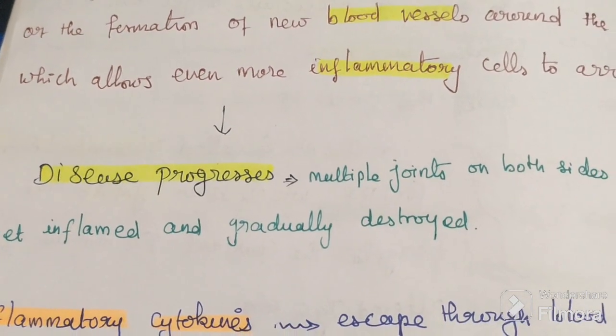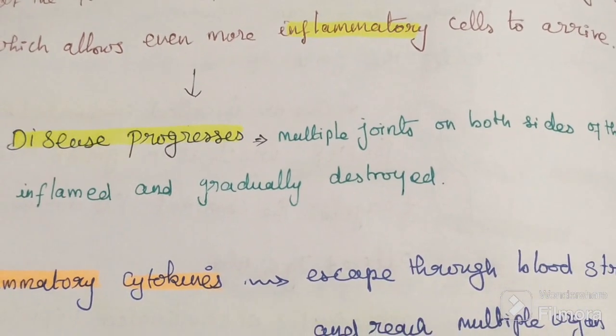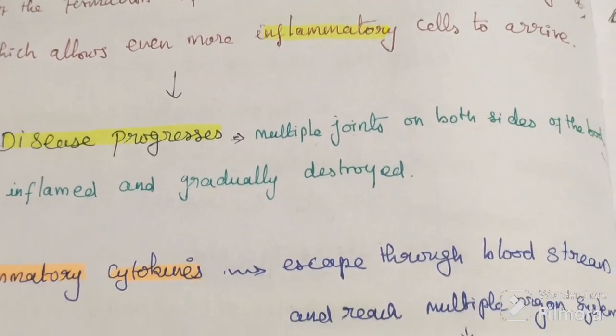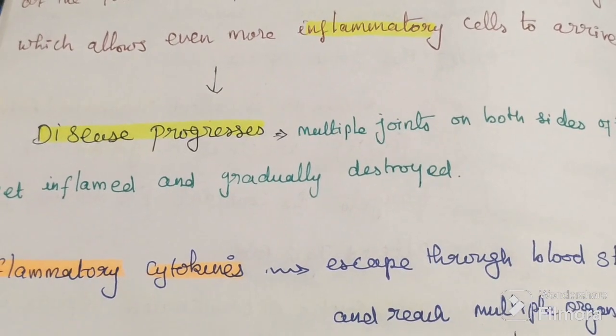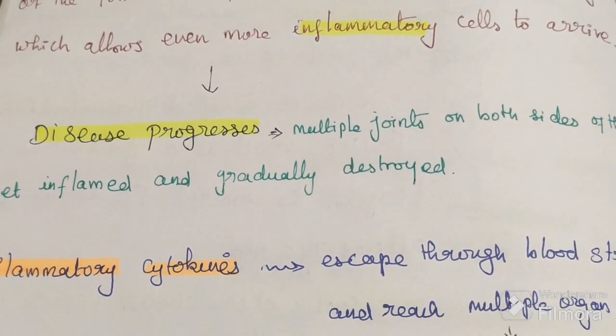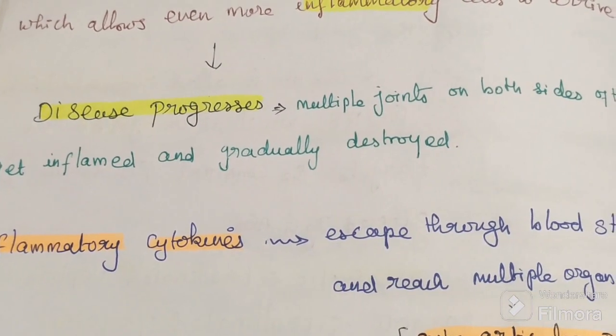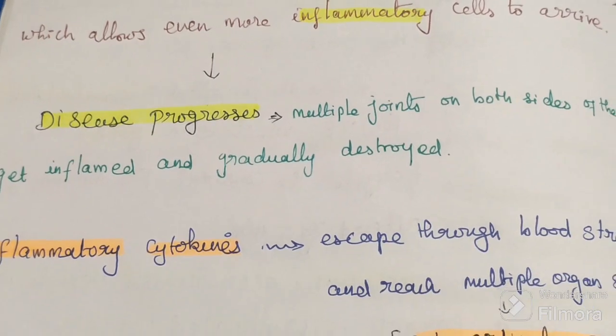As the disease progresses, multiple joints on both sides of the body get inflamed and gradually destroyed. But these inflammatory cytokines do not just stay within the tight joint space.